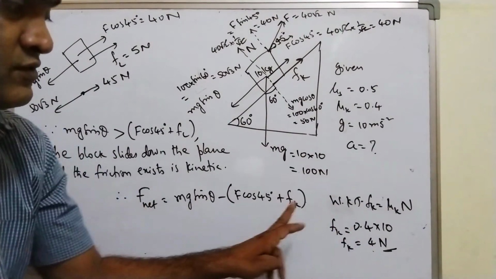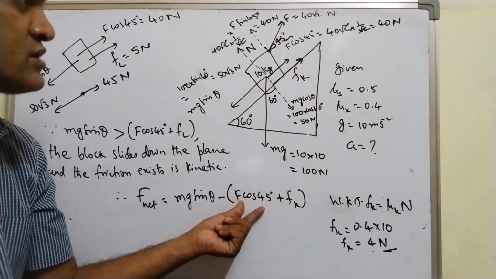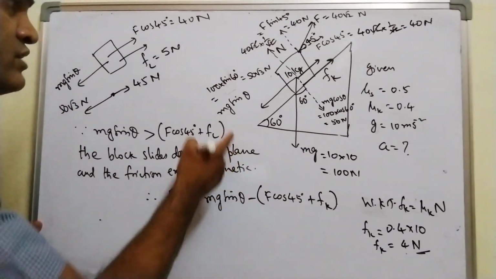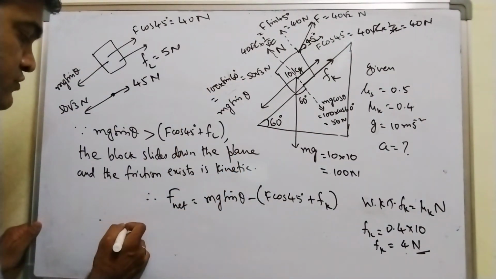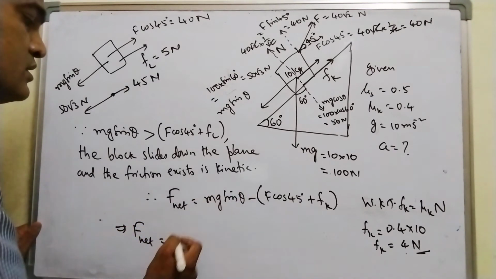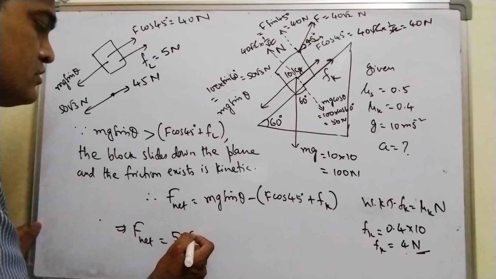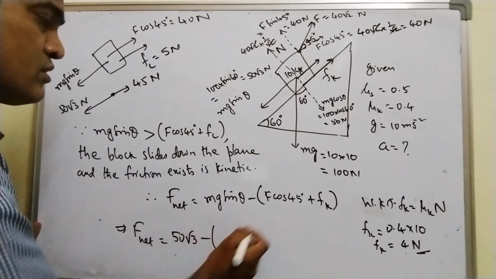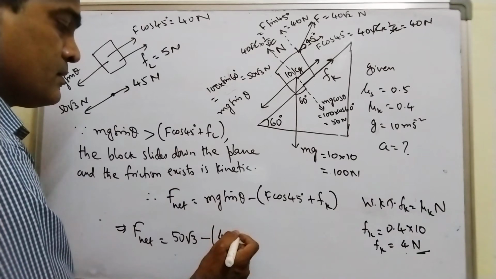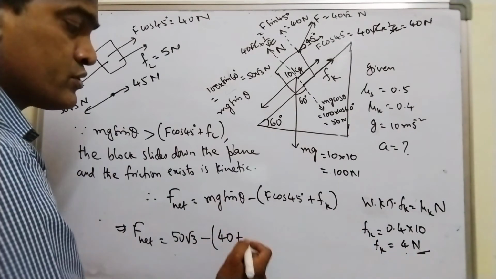Let me put the value of 4 Newton here, and F cos 45 value is 40. So mg sin theta value is 50 root 3, is it not? So net force is equal to 50 root 3 minus, F cos 45 is 40 plus Fk value, which is 4.